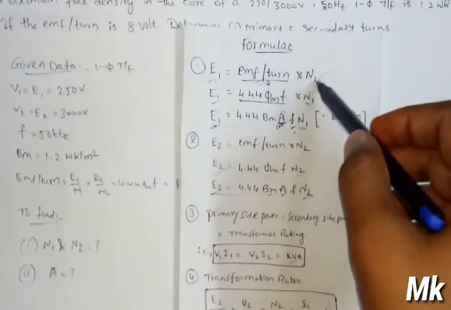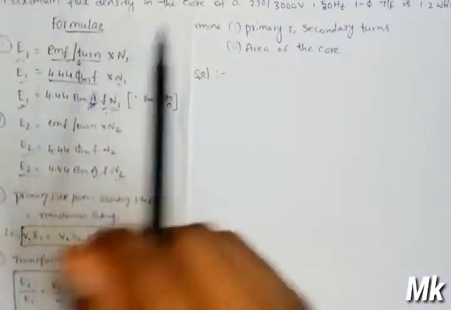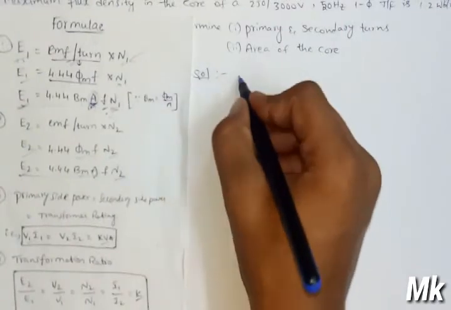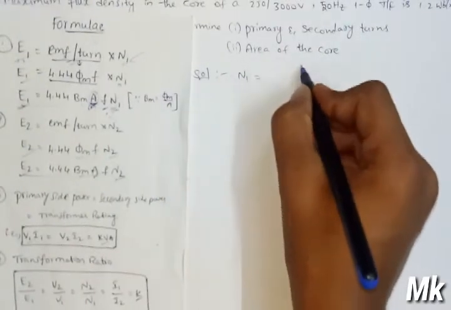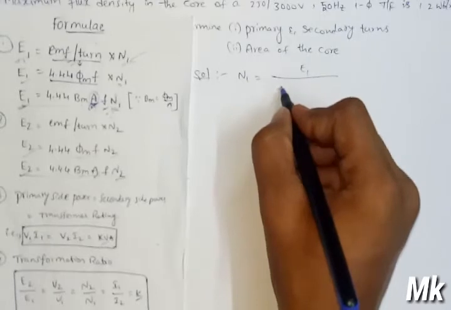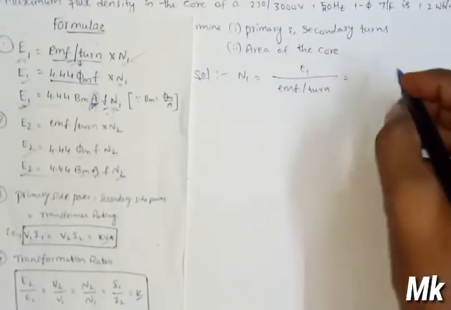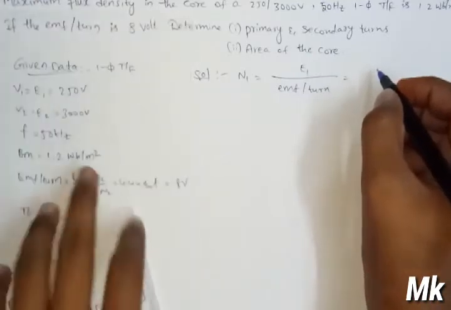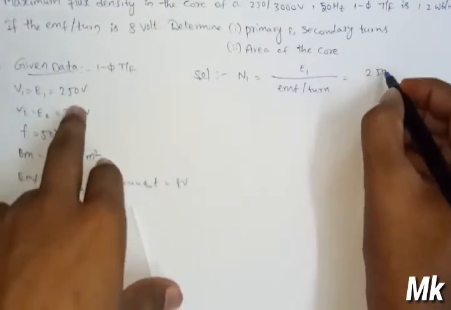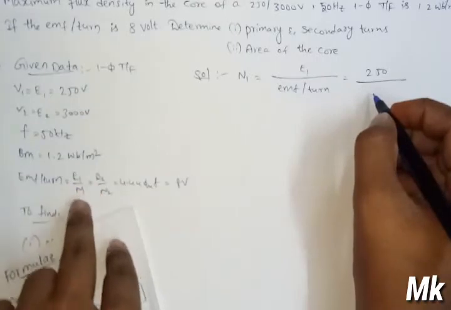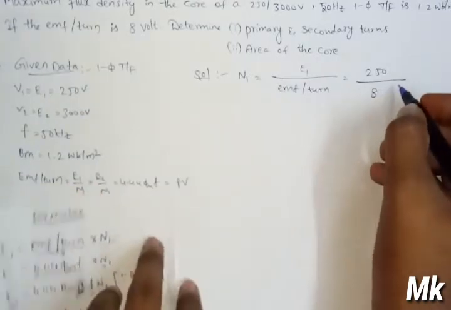We can easily find this N1. So I am using that formula to find out N1: E1 by EMF per turn, that is equal to E1 value 250 by EMF per turn 8 volts.